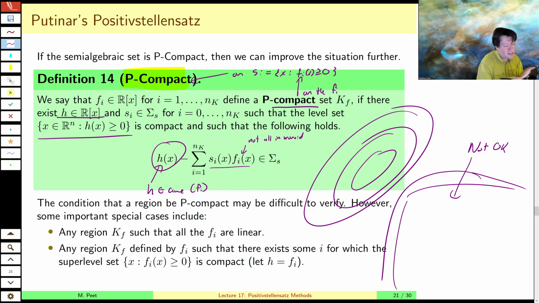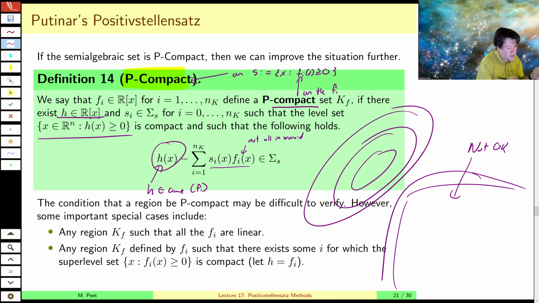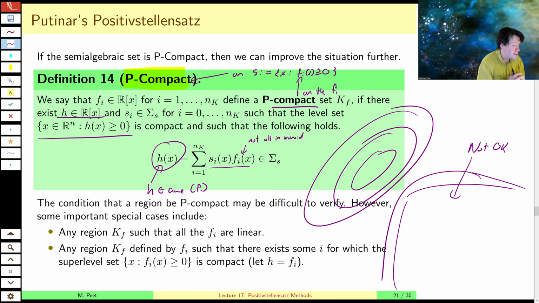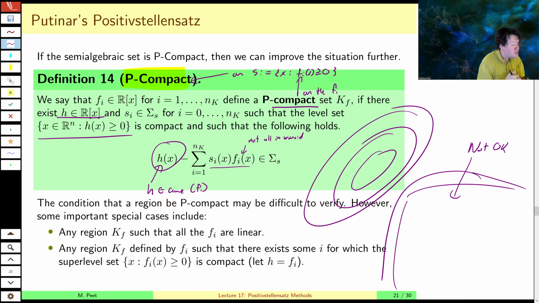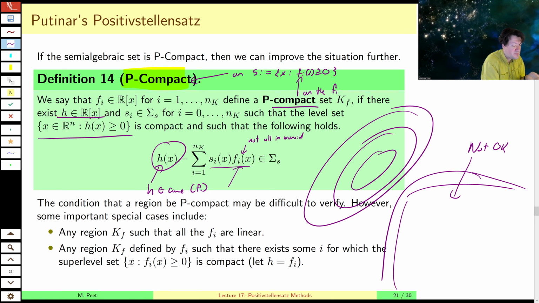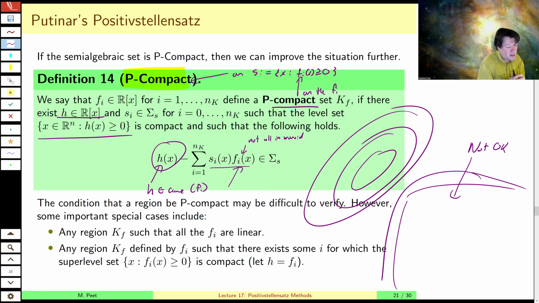So again, it's on the representation, and it's tricky. Obviously, if one of the inequalities themselves has all compact level sets, then we're good. Then we're all done, right?